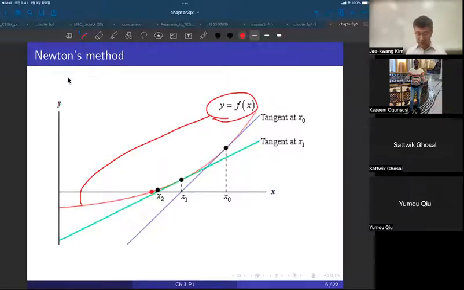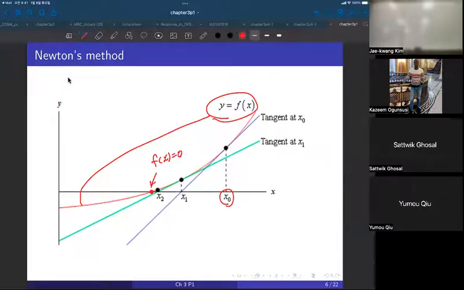Now you have an initial value. Suppose you have any point. You are interested in finding the solution, which is this red dot, the point where f(x) equals 0. You are interested in finding this point, but you don't know it.